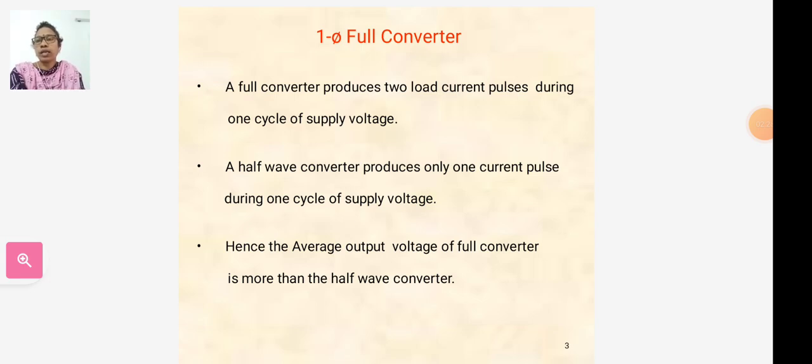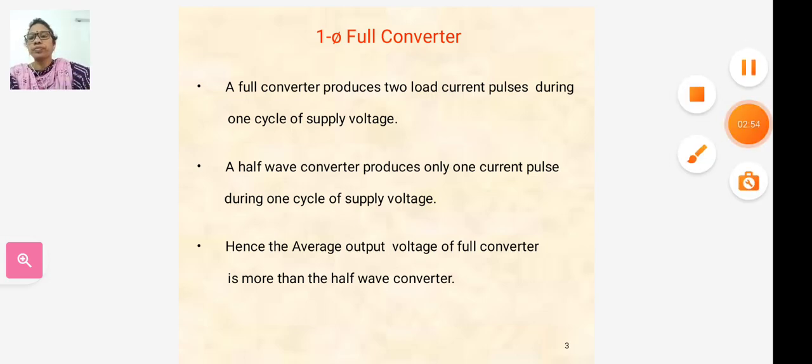In the last class, we discussed that only one load current pulse occurs in a cycle. A half wave converter produces only one current pulse during the cycle of supply voltage.